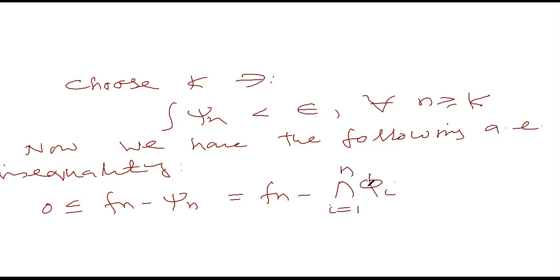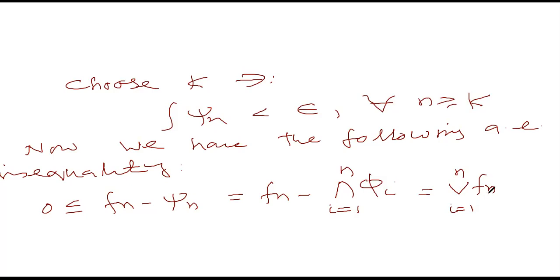Okay, and this fn is equal to the meet over i running from 1 to n of fn, because we can take the meet with respect to i. It's the same, because each term in this meet is equal to fn.